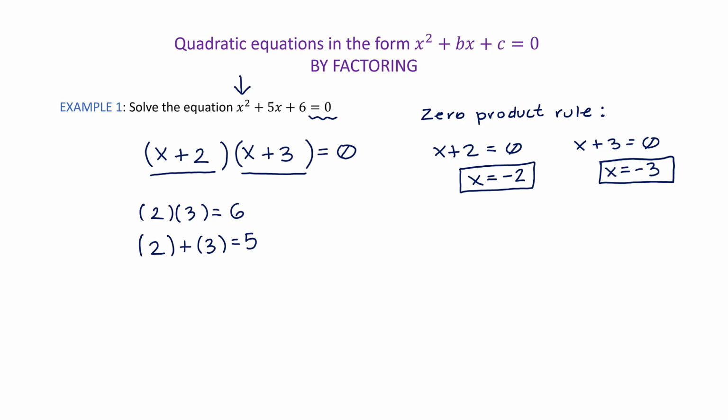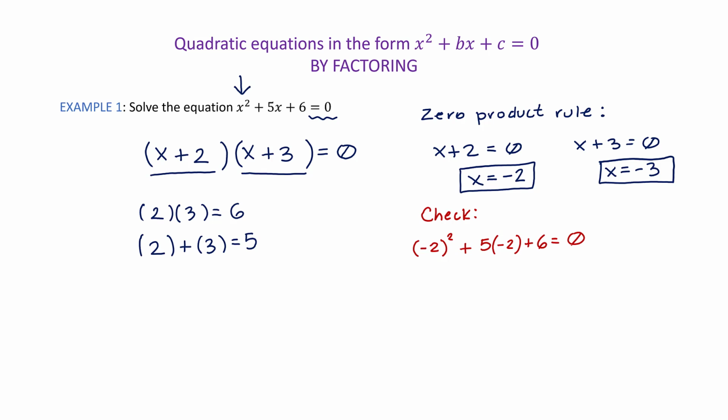Now, to check if our solutions are correct, we have to substitute both values of x in our equation. Let's check our first solution, x equals minus 2. We will substitute the value of x in our original equation. So x squared, that will be minus 2 squared, plus 5 times x, which is 5 times minus 2, plus 6 has to be 0.